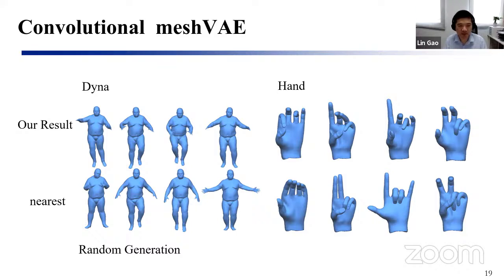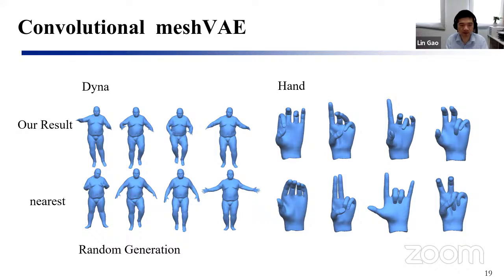If it is the same, this network is overfitting, so it's not a good generative model. And if we look at the figure, we find that the generated 3D model is different from the nearest model in the training data set. This means that this network is not overfitting and can be generalized to the generative task.